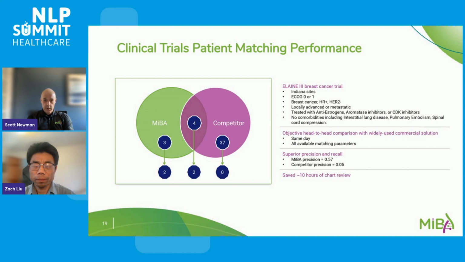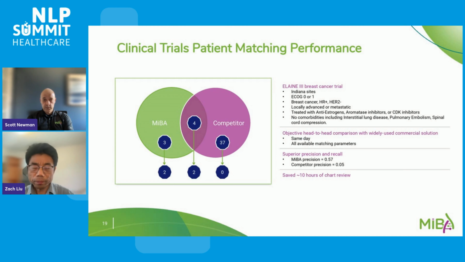And we show that our system finds a greater proportion of eligible patients without such a high number of false positive patients that turn out to really not be eligible. Further analysis showed that our higher match rate was largely driven by the NLP enhanced biomarker and staging data that I mentioned earlier.